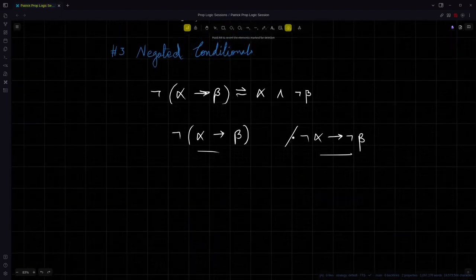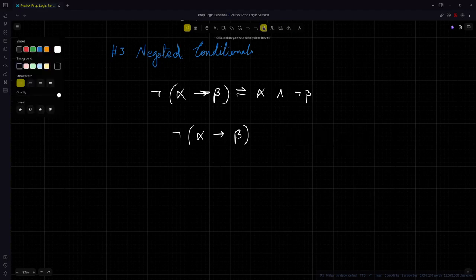Okay, so back to the proof for the negated conditional. So we do the material implication inside the brackets. So negated alpha or beta.